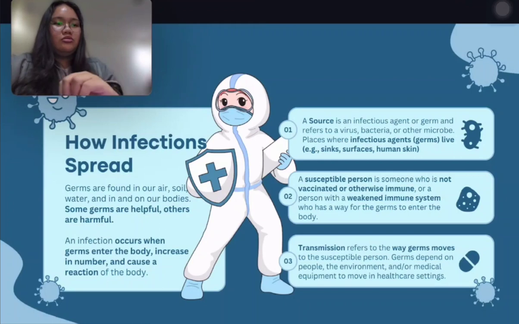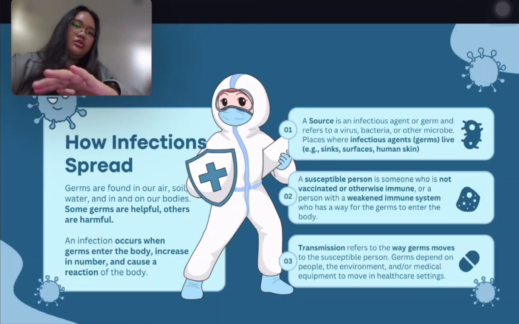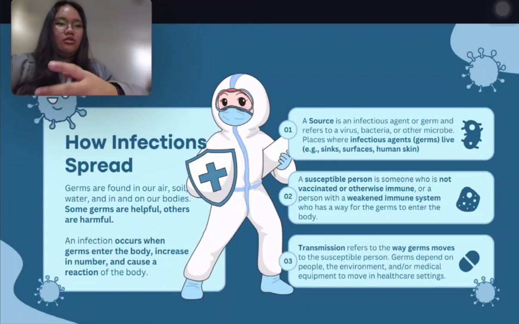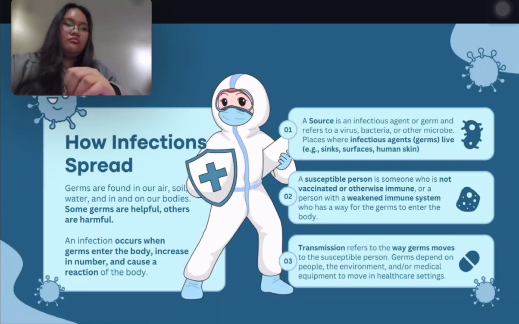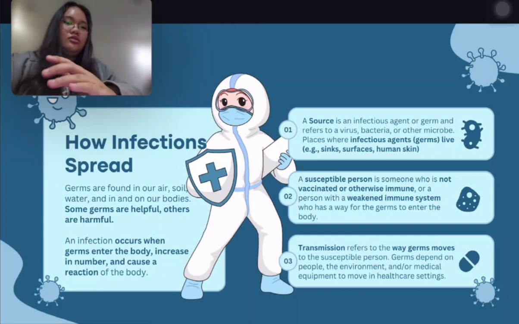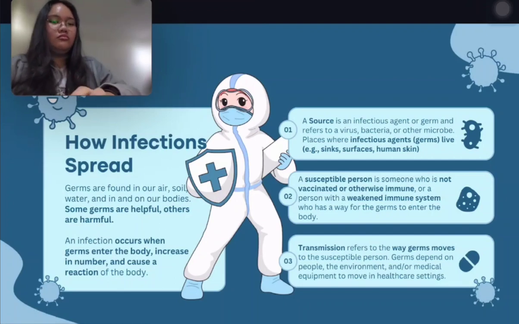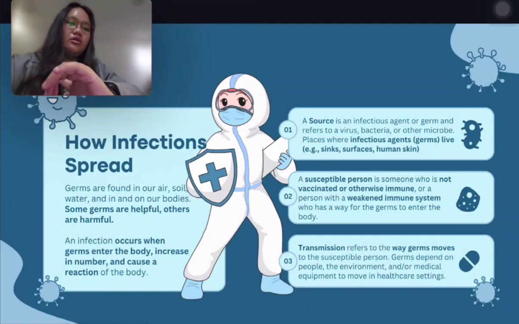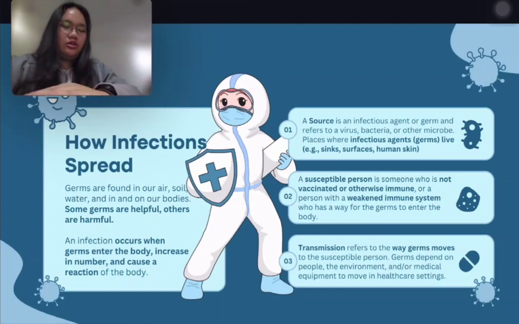Another is the susceptible person, someone who is not vaccinated or otherwise immune, or someone who has a weakened immune system. Another way of how infections spread is through transmission, which refers to the way germs move to susceptible people. Germs depend on people, the environment, and/or medical equipment to move in healthcare settings.